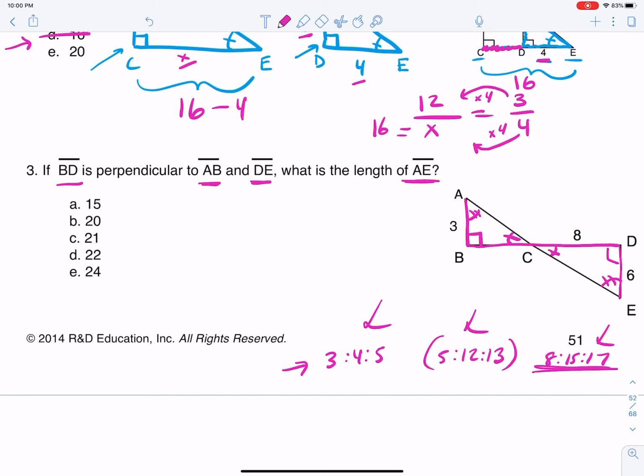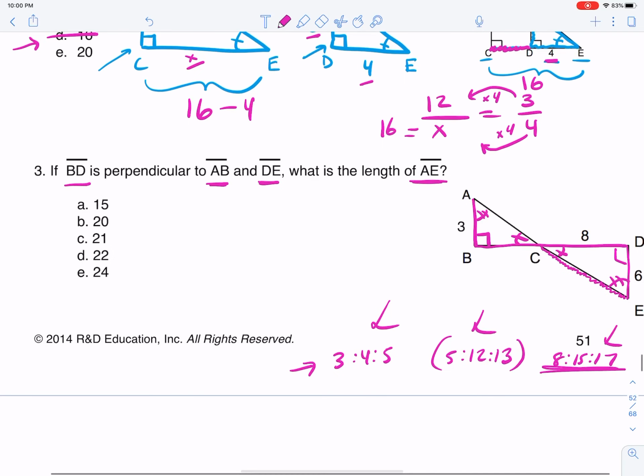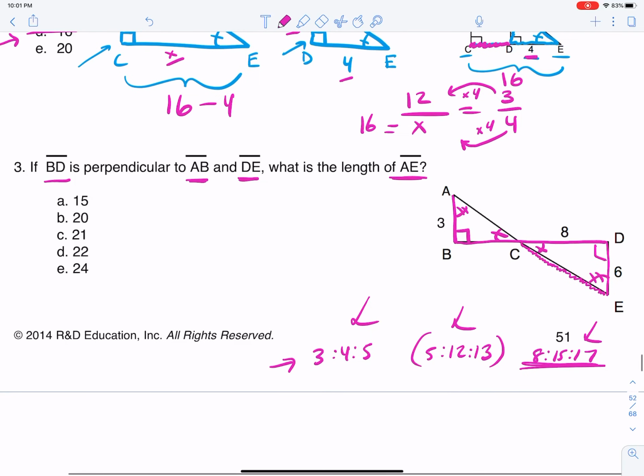So here's a little hint. If we wanted to find out what this length here is, here's a little shortcut. This is a 6, 8, what? You could do the Pythagorean theorem, or you could note that 2 times 3 is 6, and 2 times 4 is 8. So this last side has to be 2 times 5, which would be 10.